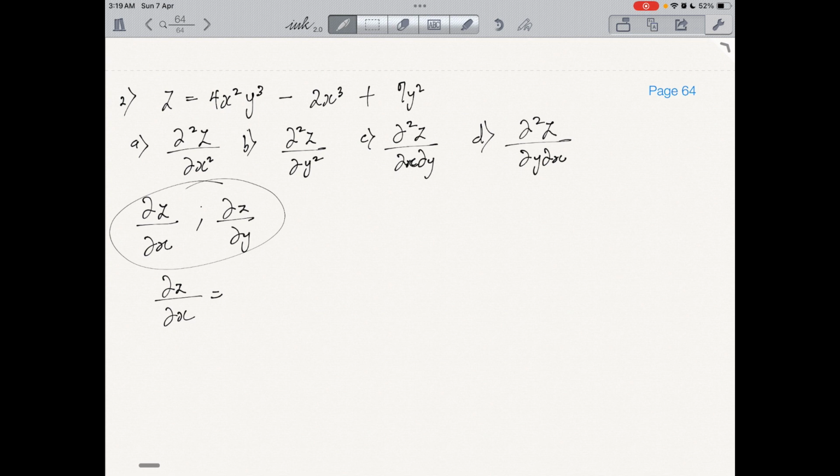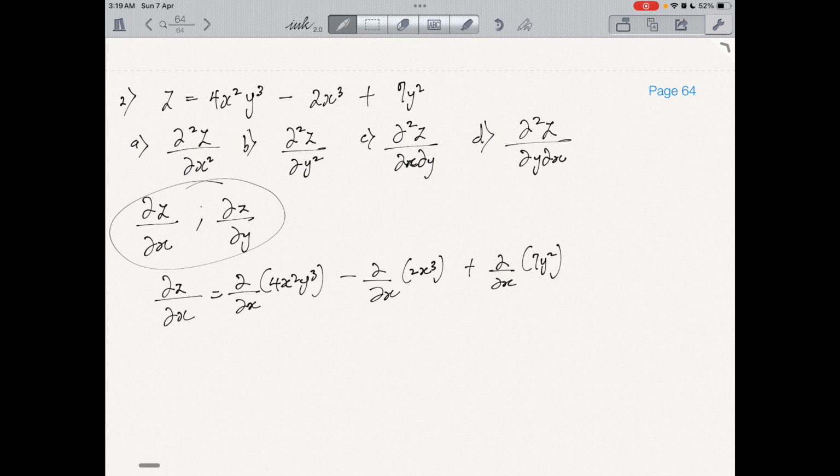Therefore, our y is kept constant. So let's begin: d/dx of 4x squared y cubed minus d/dx of 2x cubed plus d/dx of 7y squared.